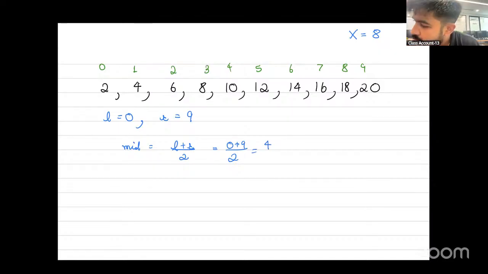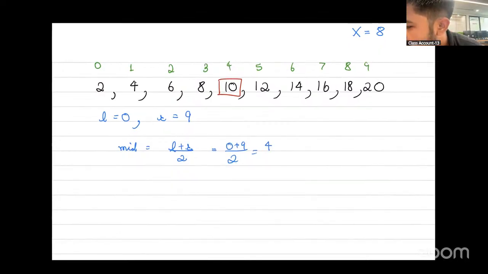So now we go to the value 4 and we start analyzing the element at index 4. What is that element? That element is 10. And what is the element that we are trying to find? We are trying to find the element 8. So it would be present on which side? Understand this.